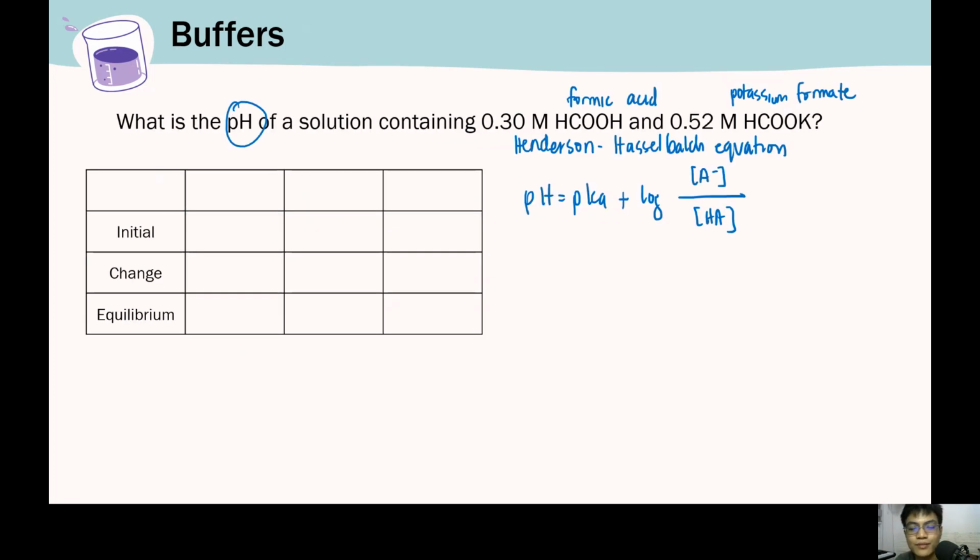Okay. So nevertheless, I'll use this one. pH equals pKa plus logarithm of the conjugate base over the acid. This one is actually molar concentration. So it's easy now. Given the molarity of formic acid, which is HA, and my conjugate base, it's easy. I'll just plug this in, and this.